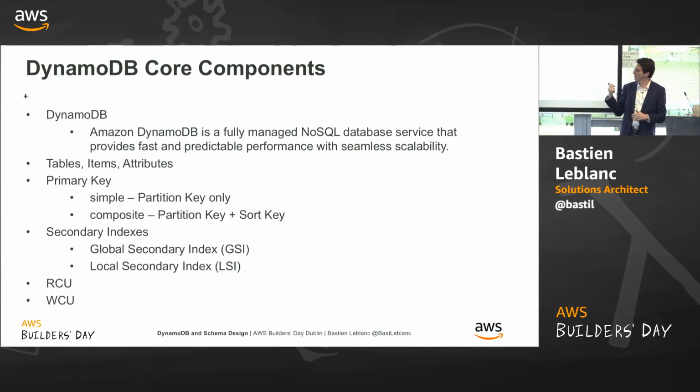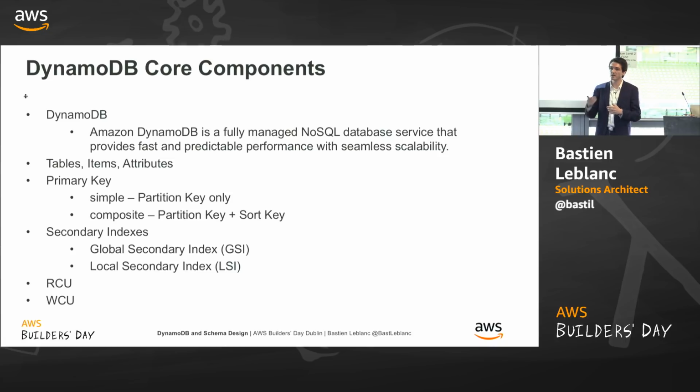Last two things, RCU and WCU, read and write units. It's how we price DynamoDB. It has changed since 2 weeks ago at re:Invent because we announced that we can use on-demand. So pricing, I will explain a bit more later, but basically we price per read and per write unit on your table.